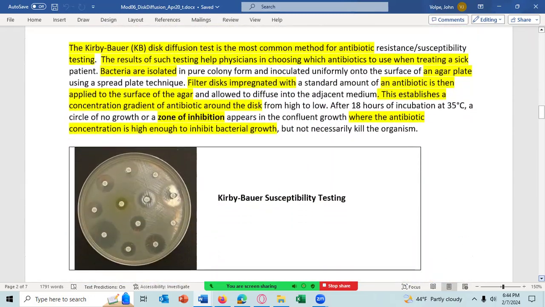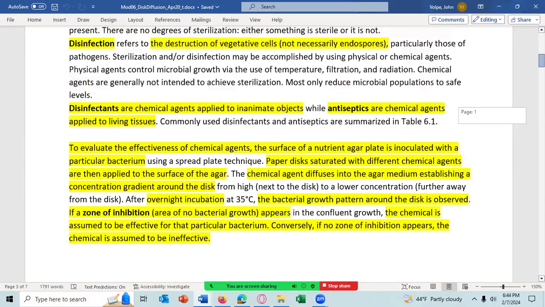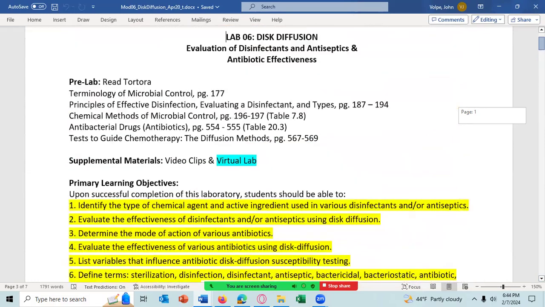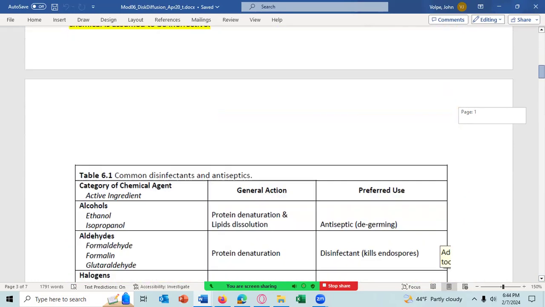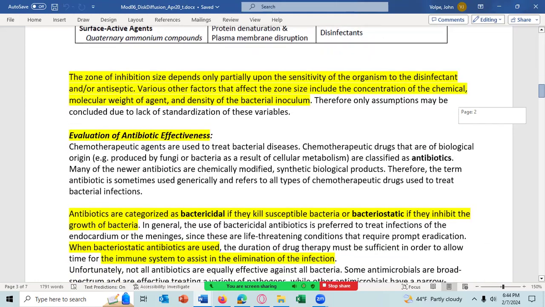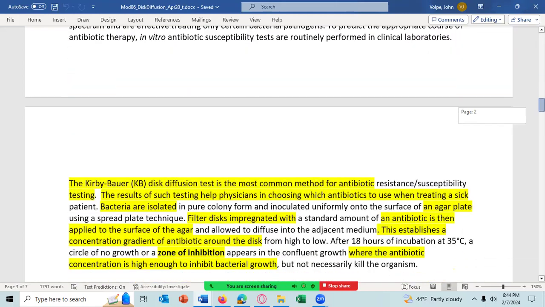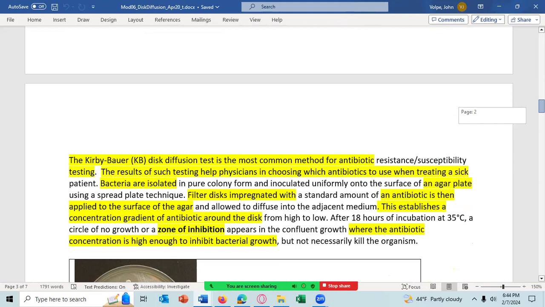The Kirby-Bauer disk diffusion test, which is the thing I was talking about up here called the disk diffusion method, is a test that is frequently used for antibiotic testing, meaning to test if the bacteria are sensitive or resistant to the antibiotic.